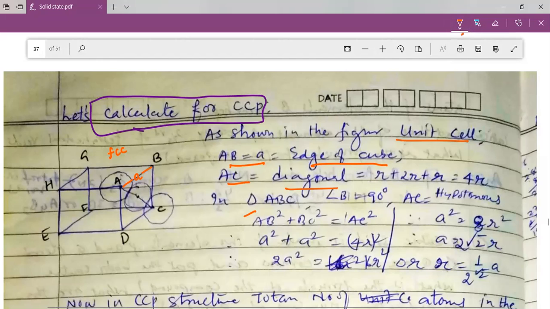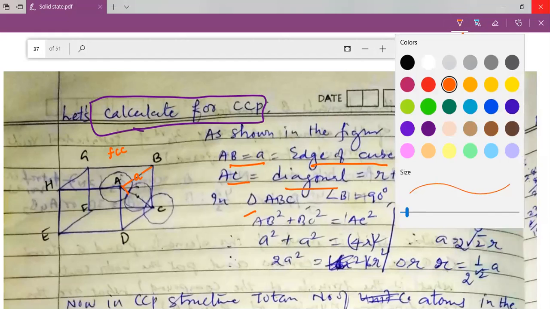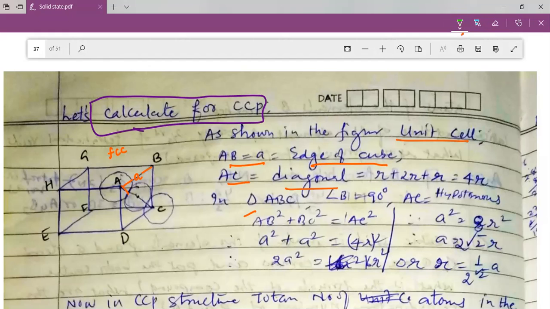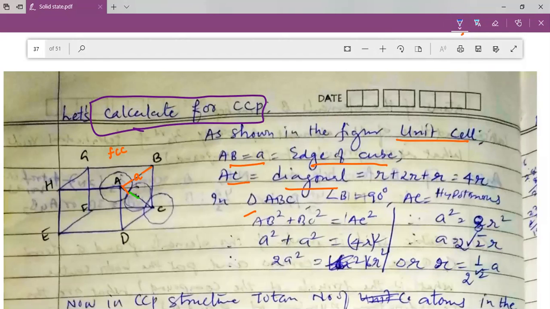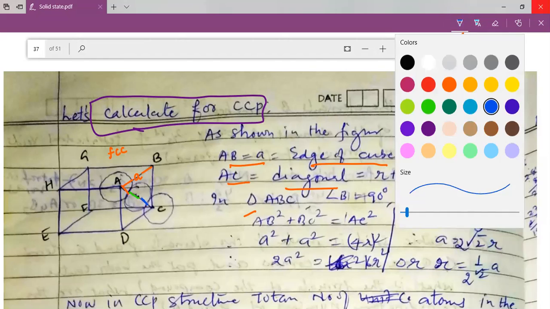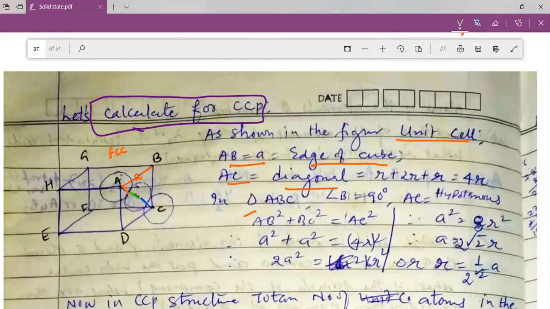So let us look: from this center to this is your 1R. Then we have the next one, this is another R. Then let's look into the next one, this is even your R. And then if you look into the last one, then you have this one as an R, this to the center of this.